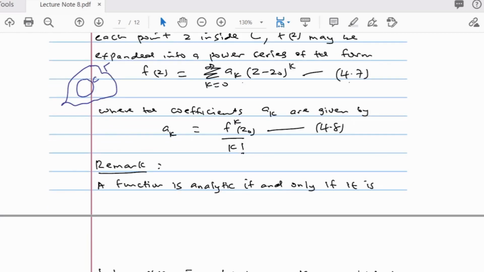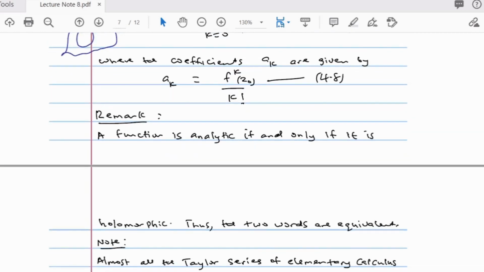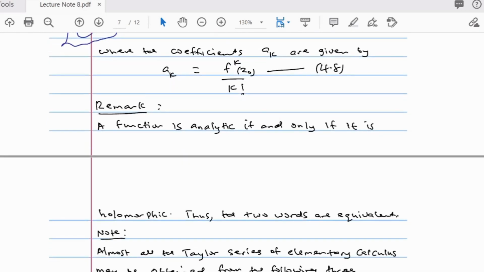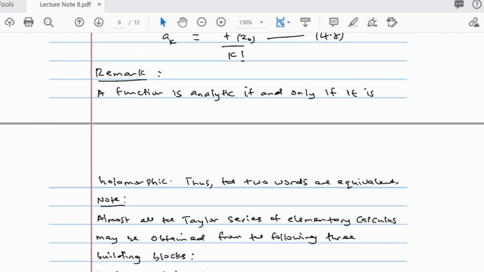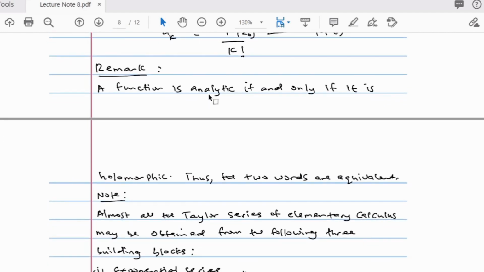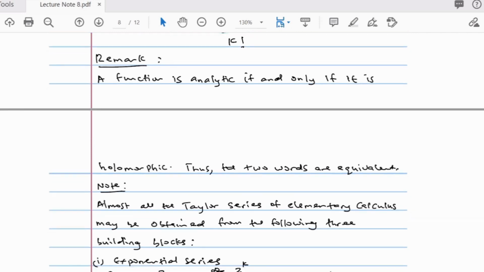So that is the power series of f of z. So look at it. A function is analytic if and only if it is holomorphic. I've said it before. So it means analytic, holomorphic and differentiability are almost the same. You can take them as being the same.